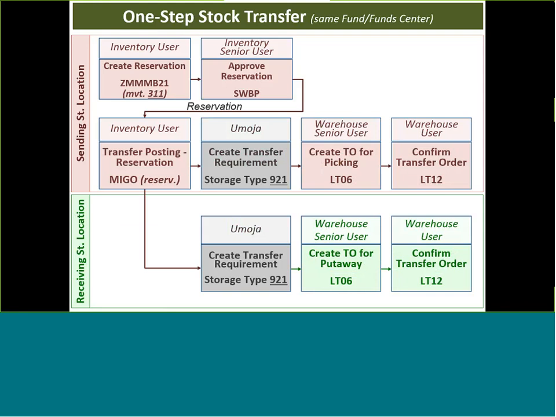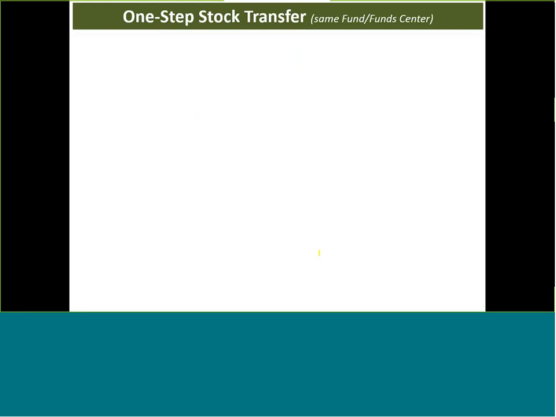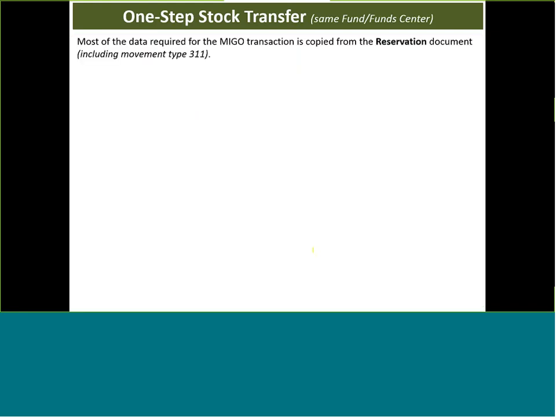All right. So the inventory part is accomplished by creating reservation, approving reservation, and posting Migo. Okay. Then the following steps are warehouse related. So this stock transfer, as we said, uses movement type 311, and is initiated with a reservation document.